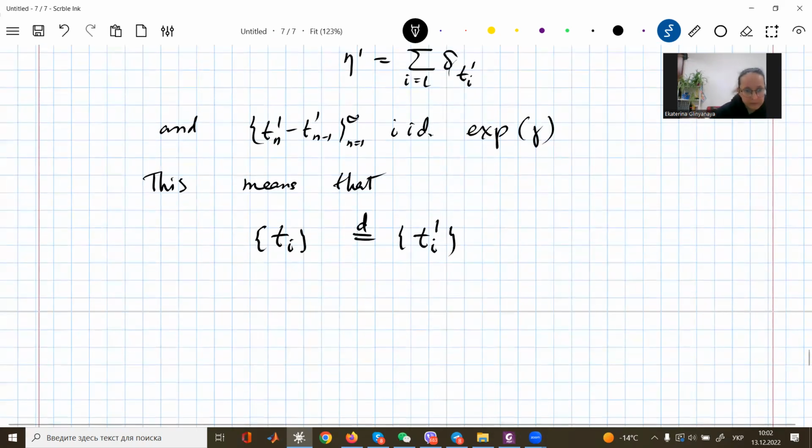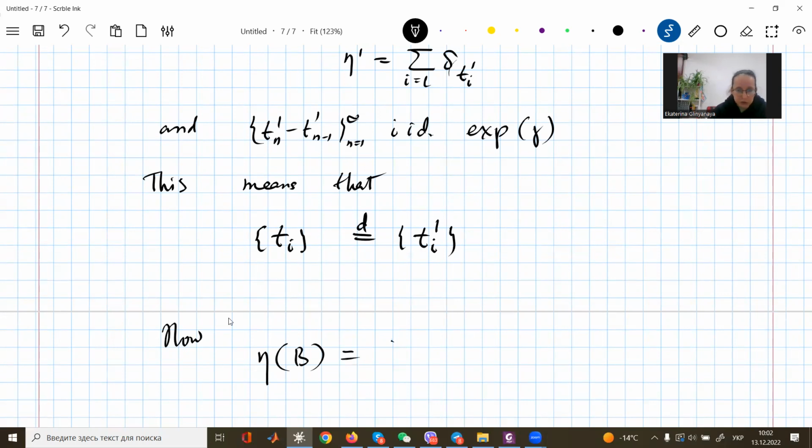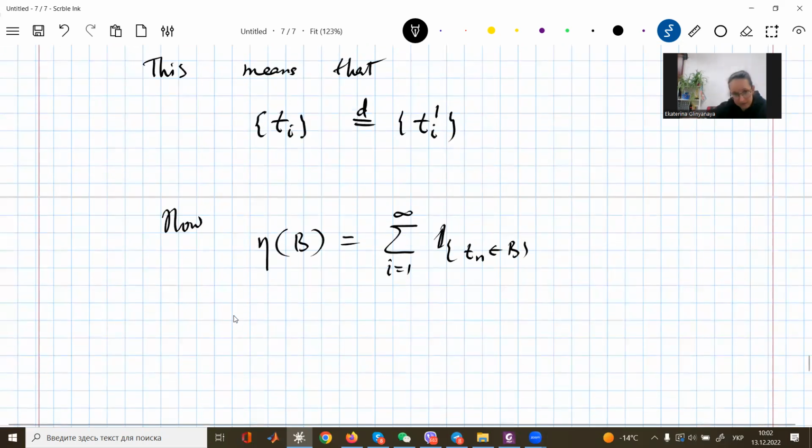Now, also we can write that the value of the point process at some subset B is equal to the sum of the indicators Tn belongs to B. So you just count the number of points from subset B. So here you can see that the value of the point process is represented, of course, in terms of Tn.